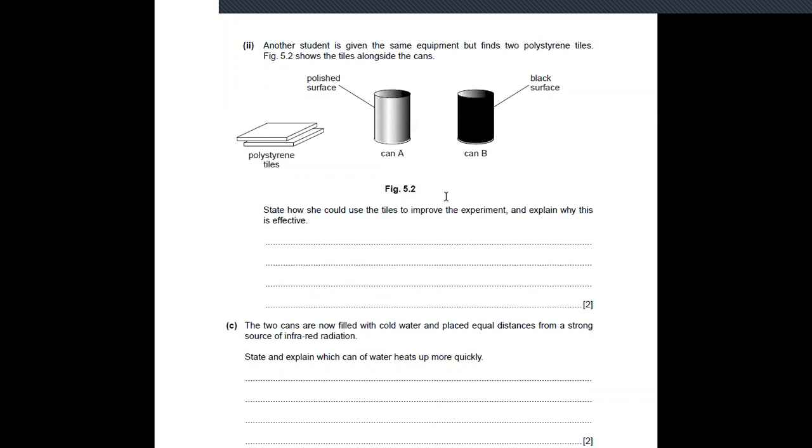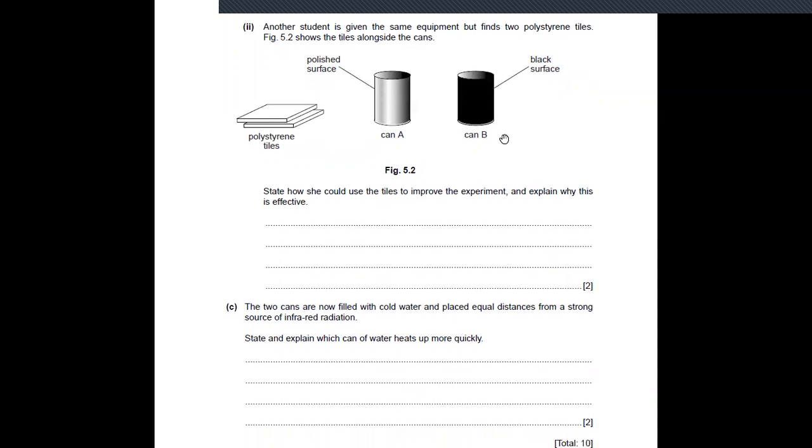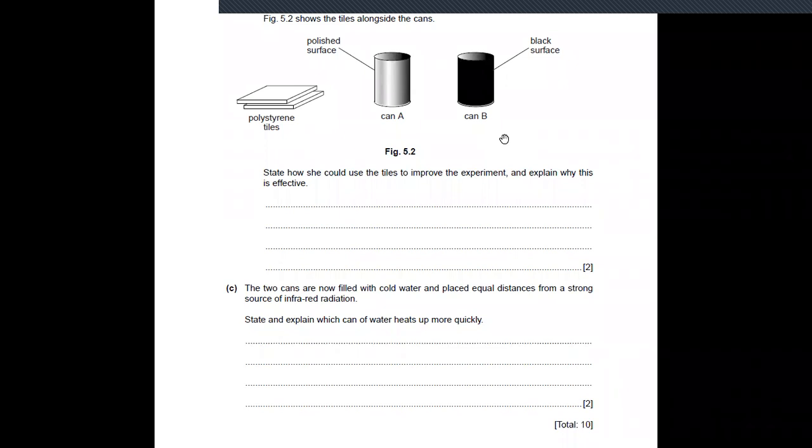This will prevent the heat from the ground to reach the cans. Yeah, good job. It will prevent loss from the cans onto the table. You can also use the tiles as lids, by the way. Okay, take a look at the next one.